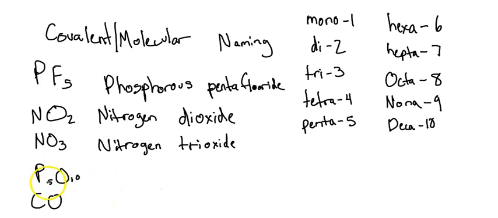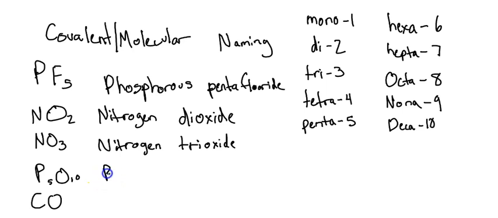For this one, we have 5 phosphoruses at the very beginning. So we know if we only have 1, we don't put the mono on it for right now. But we will write out its prefix since it is not 1.